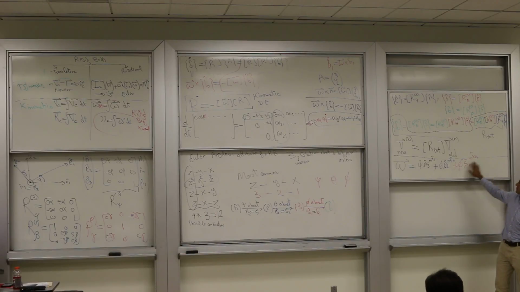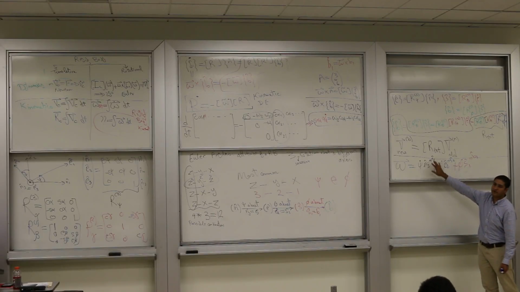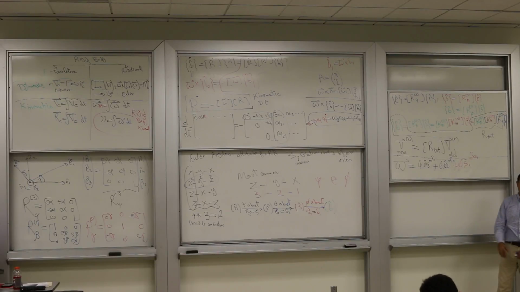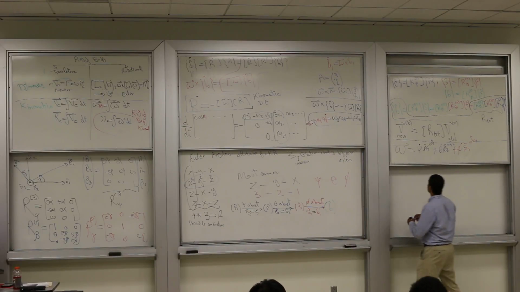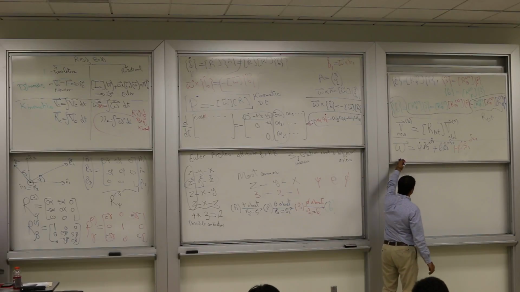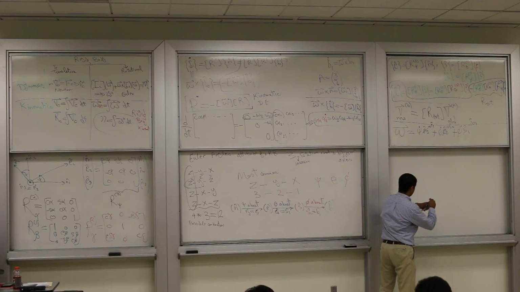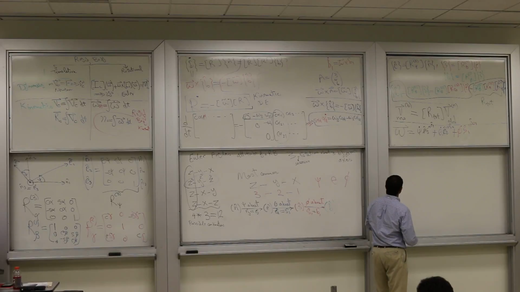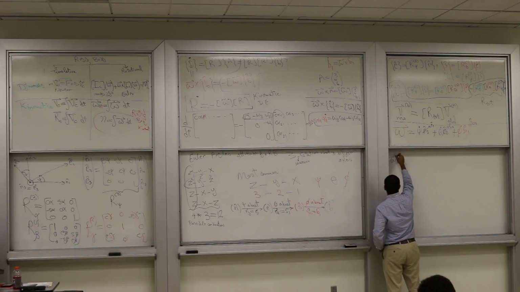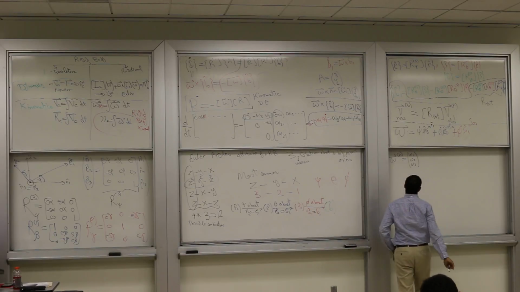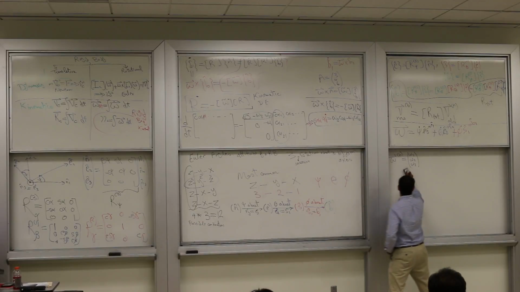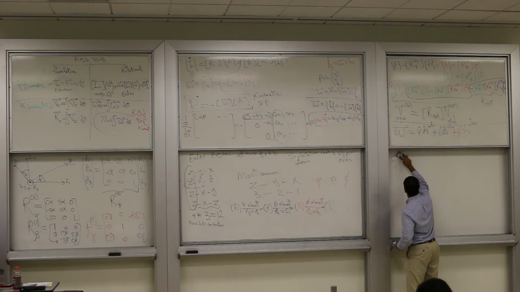But this one is in the body frame, this one is in the S frame, this one is in the E frame. We need to have them all represented in the same frame to add them together. Okay? So let's do that. Omega in the body frame now, which is the given components omega 1, omega 2, omega 3. Let's just keep it for a second.